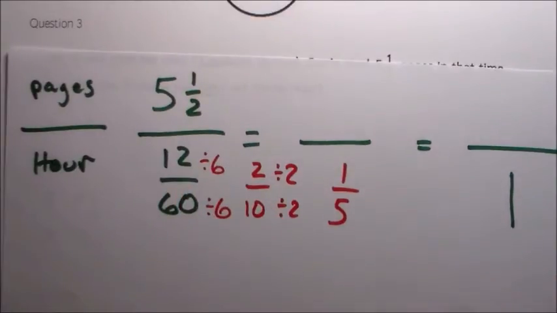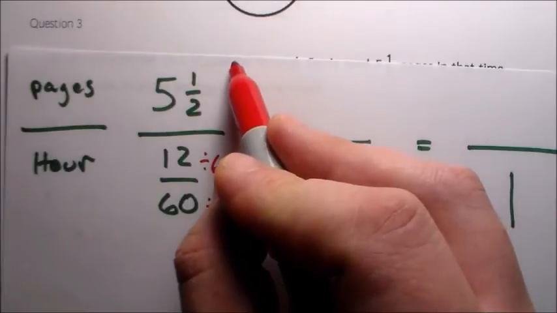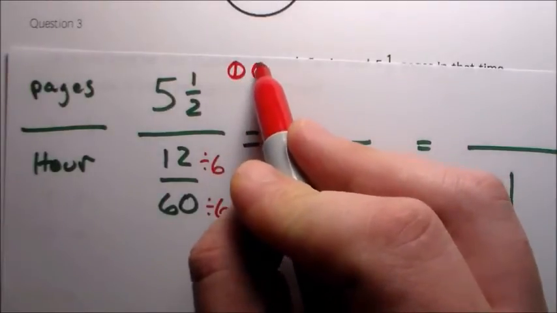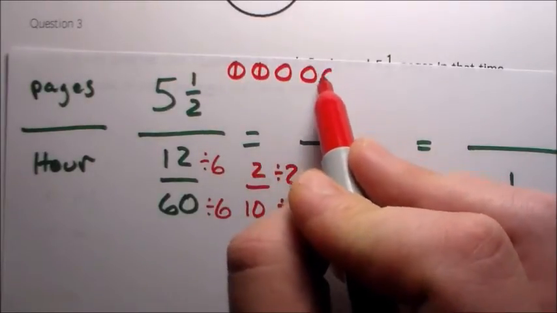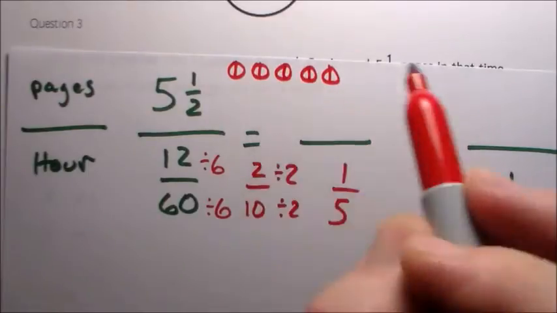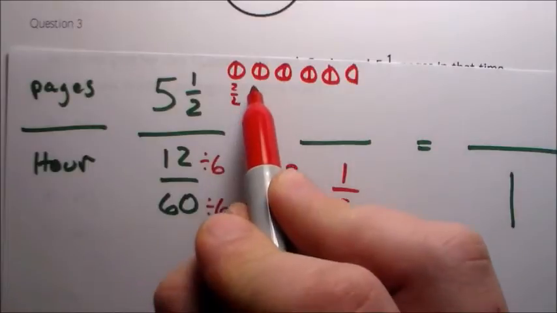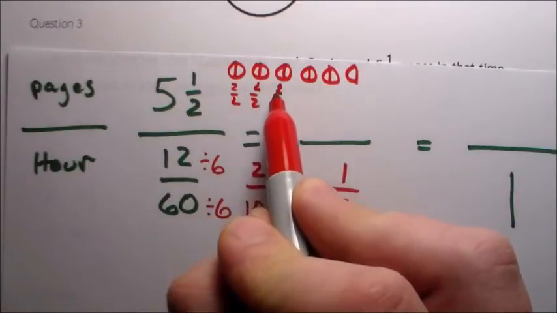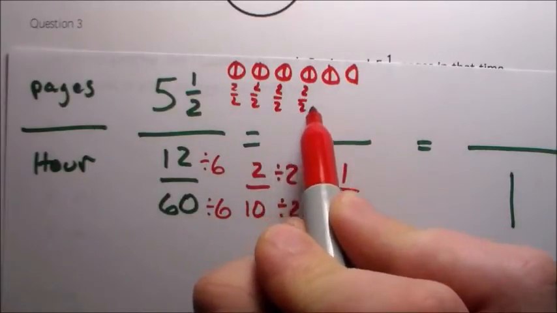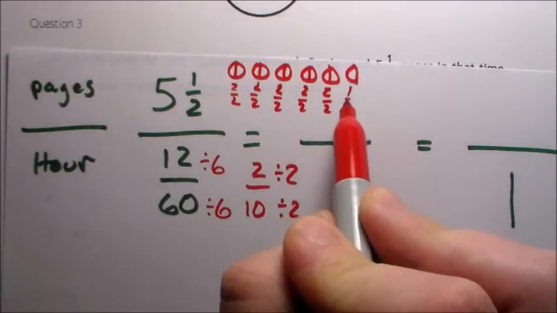And up here, with pages, we want to get this into a workable number. Well, 5 1/2, let's think about this as 1, 2, 3, 4, 5 wholes, and then a half. So we have 2 over 2, five times, and then 1 over 2.